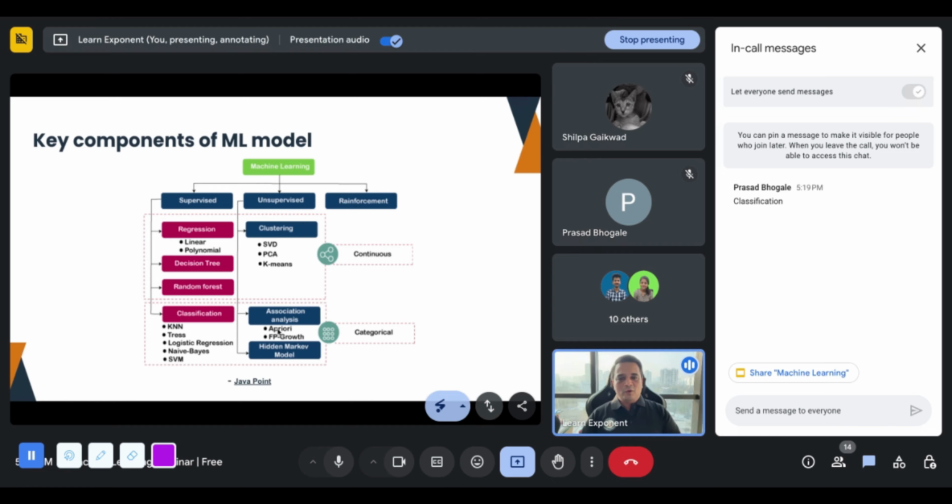I want to talk about the a priori algorithm as well. Turns out Walmart, when they started doing data science and machine learning, found some pretty interesting things. The story goes that in most of their stores, whenever the diaper sales went high, the beer sales also went high. They were wondering what exactly was happening.